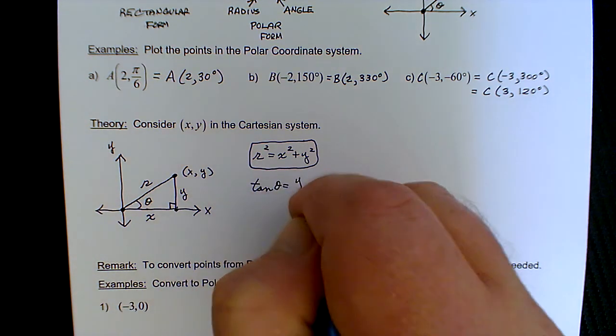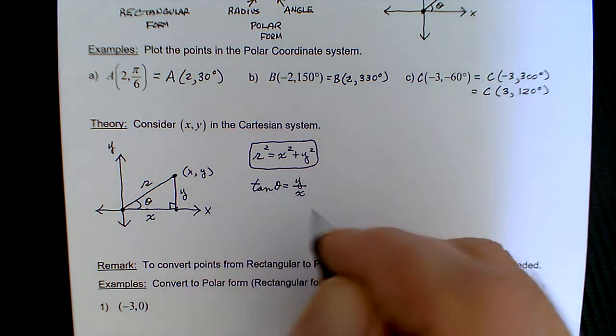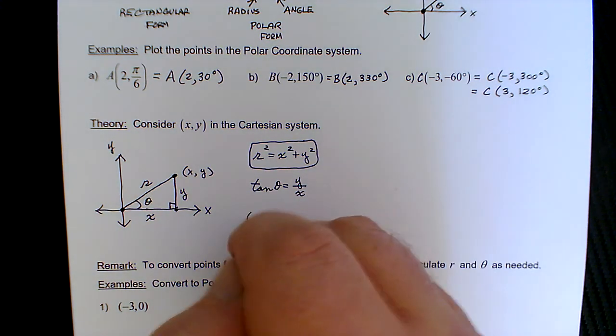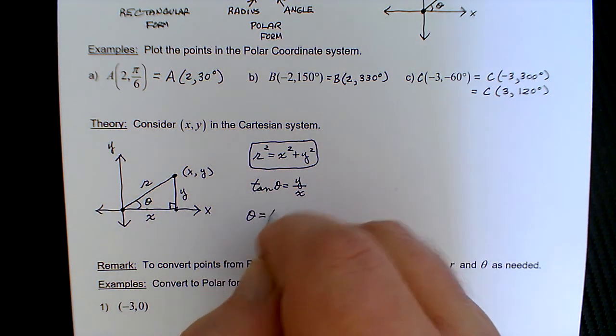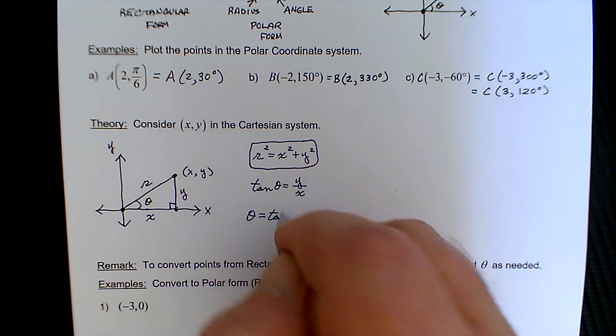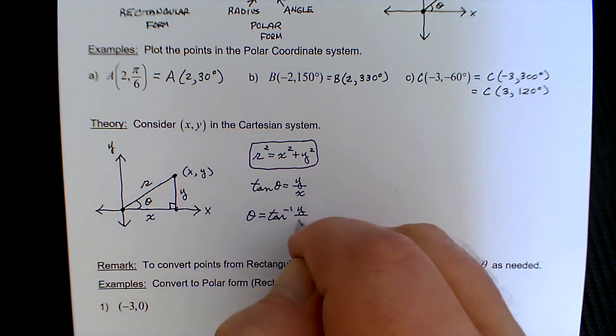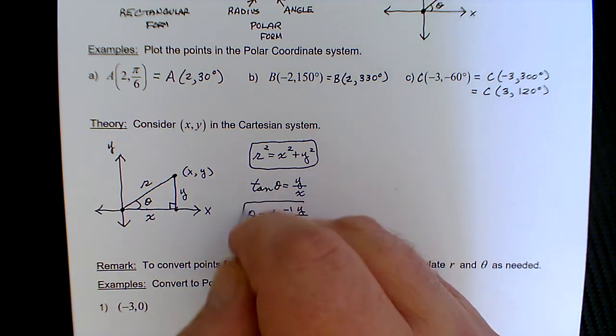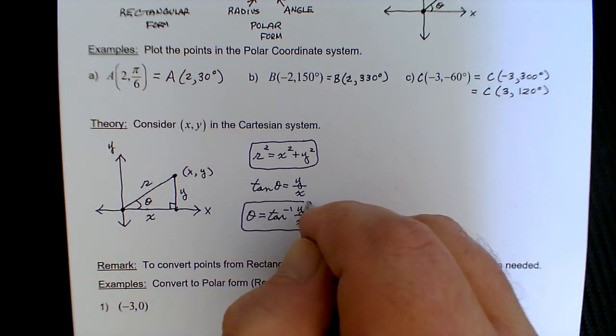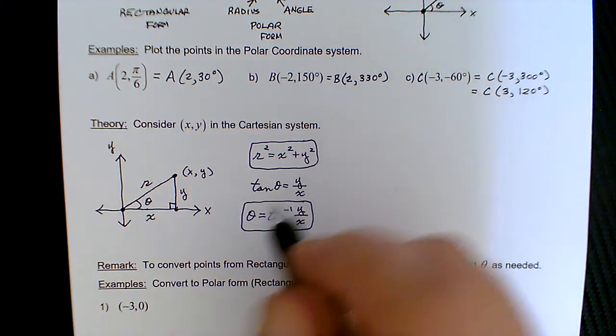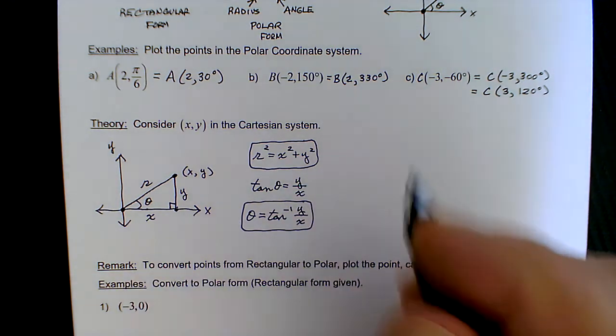So tangent of theta we could say is y over x, or you can even go so far as to say theta is the inverse tangent of y over x. Okay, so that'll give us theta. Alright, so that's a way to get from rectangular to polar.